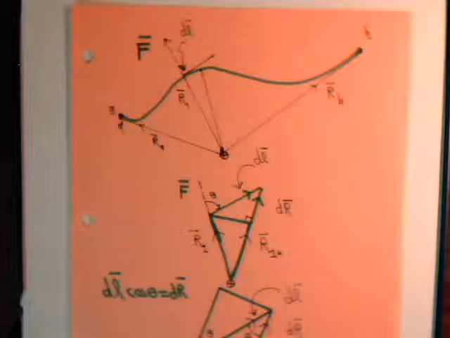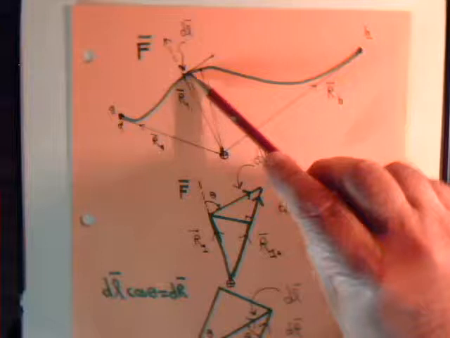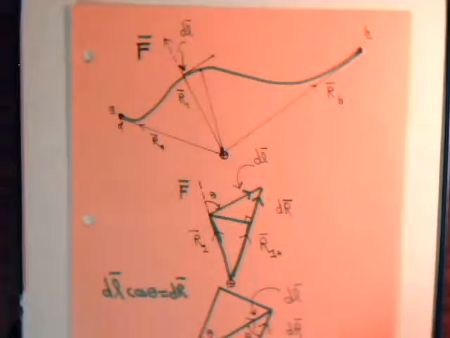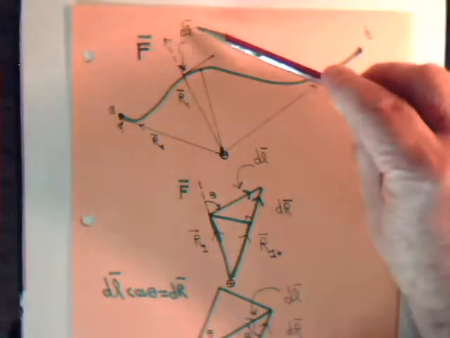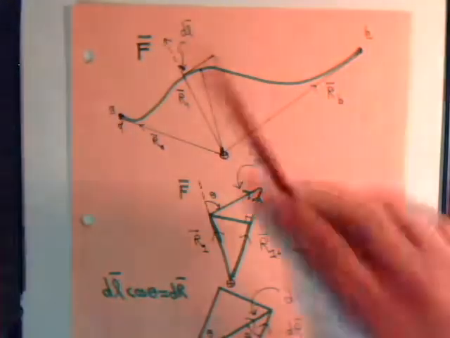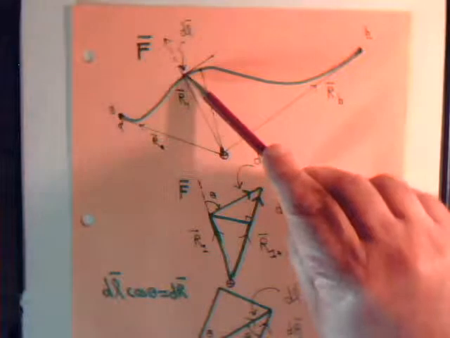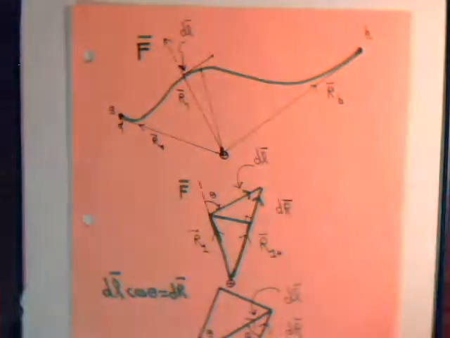And imagine that right here at that point we draw a line that's tangent to the curve at that point. And so right at that point, also imagine that we have a differential line segment, dl prime, that is tangential to the curve at that point right there.